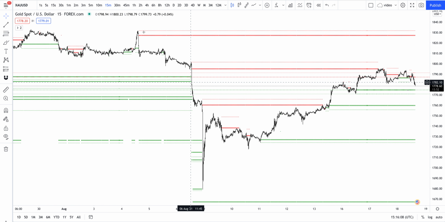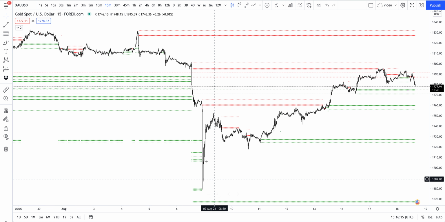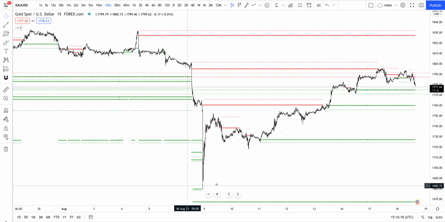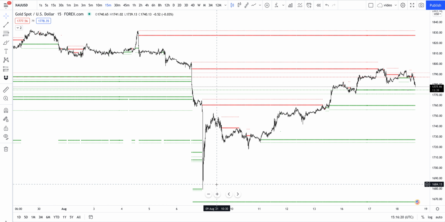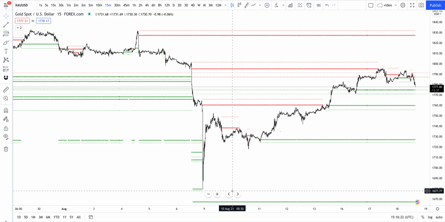We can see here that all the demand zones were hit, and this demand also appeared. So the indicator memorized a lot of zones in the past history also.